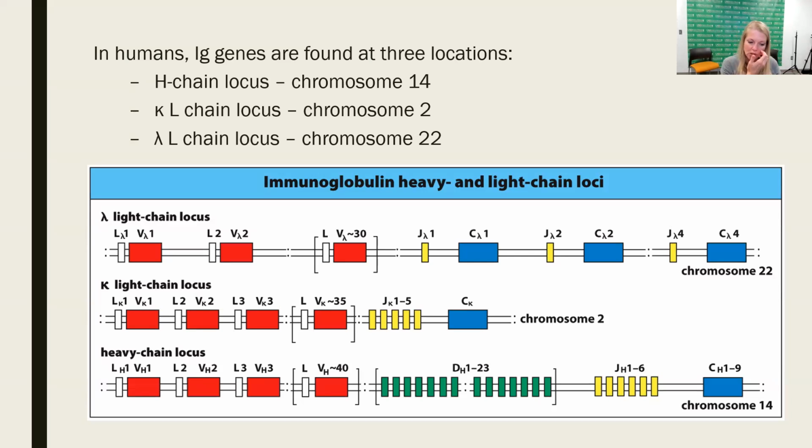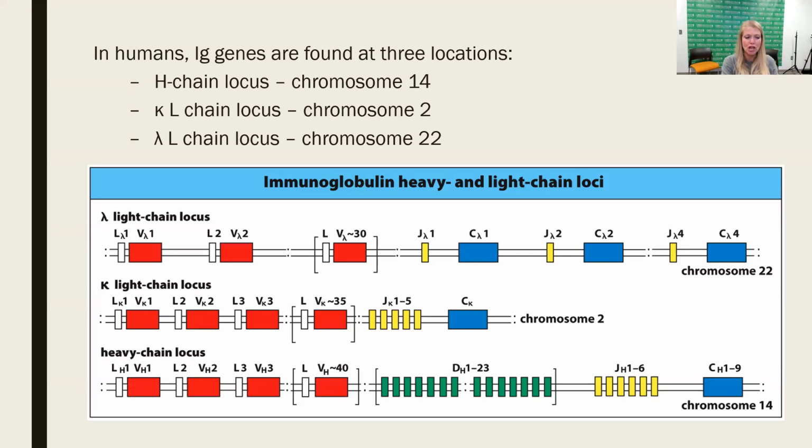So that's going to include the gammas, the epsilons, the mu's, all of them are going to be on chromosome 14. Where the light chains are actually going to be encoded on 2 different chromosomes. The kappa ones are on chromosome 2, the lambda ones are on 22. You don't need to memorize this, but it's just nice to know.